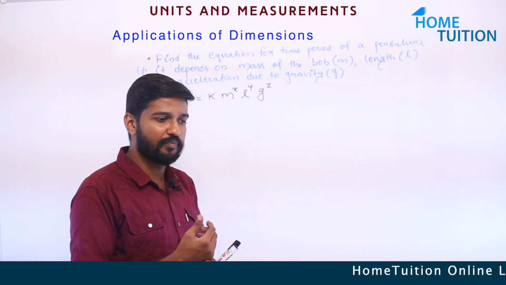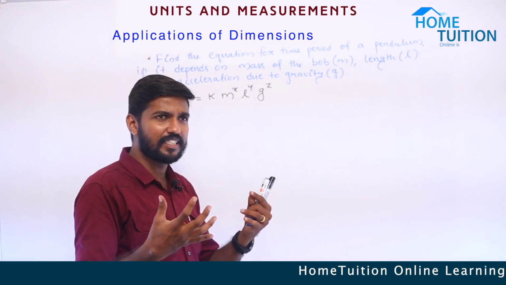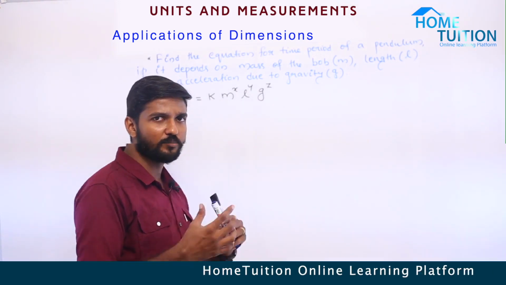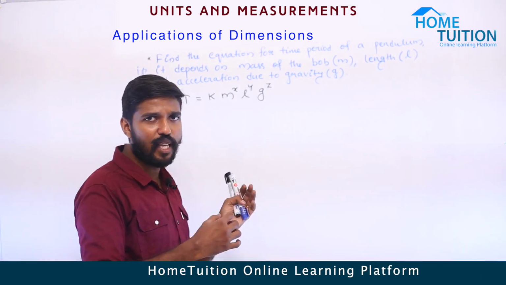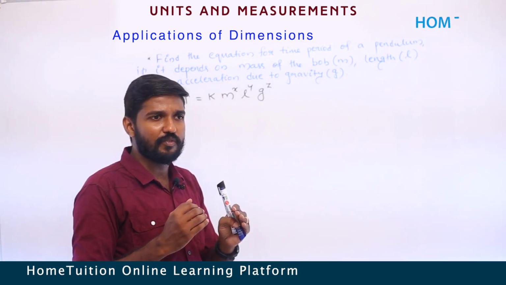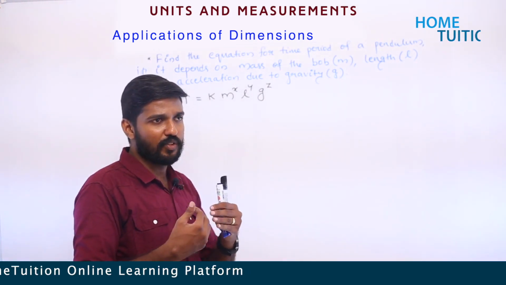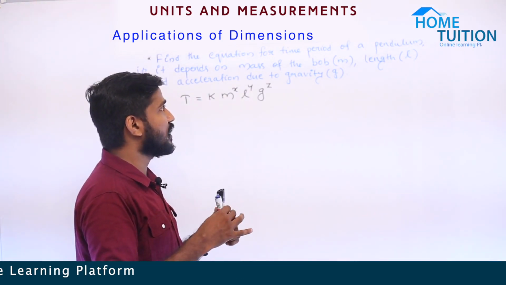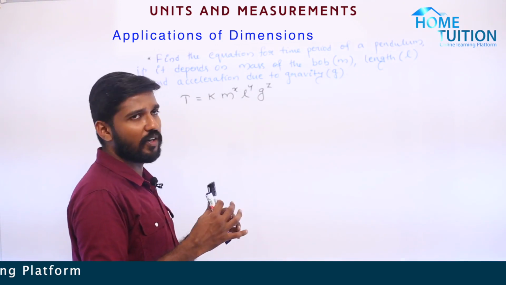Then the next step is to make an equation like this: T equal to constant k into whatever quantities the physical quantity depends on.